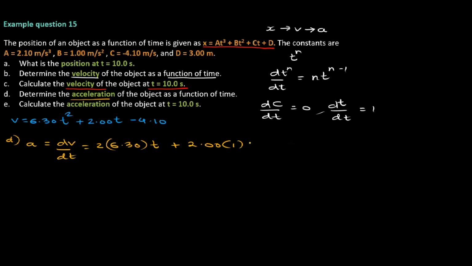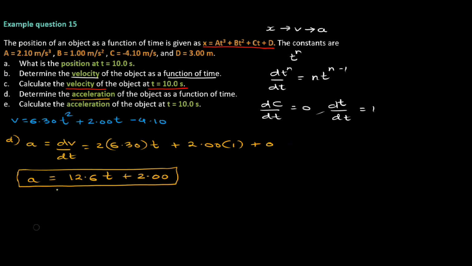So I write it as 1. Then the final term over here is a constant, and we know derivative of a constant is 0. So I just write plus 0. Solve for this. We get a equals 2 times 6.3 is 12.6 plus 2. So this is my acceleration function a.